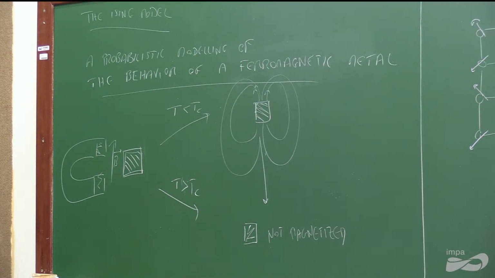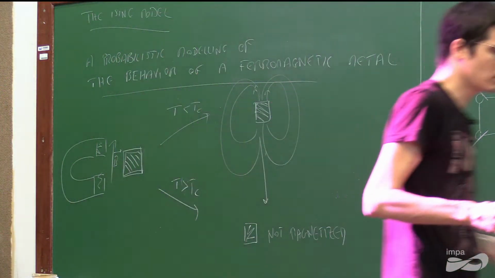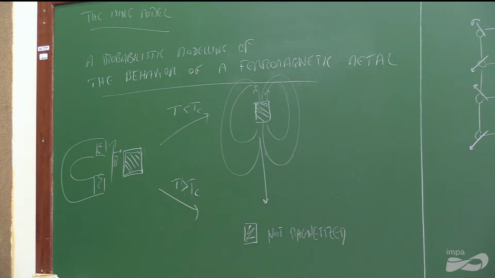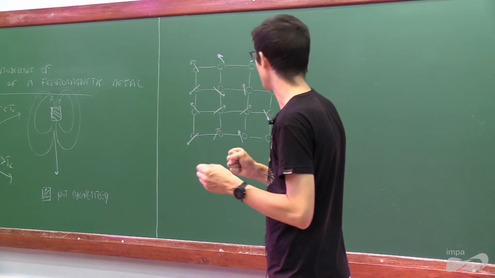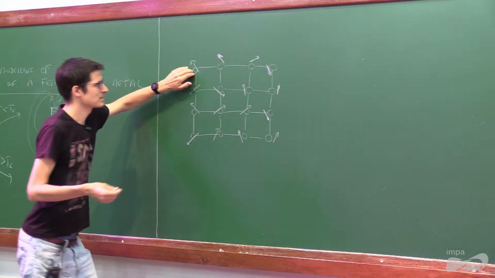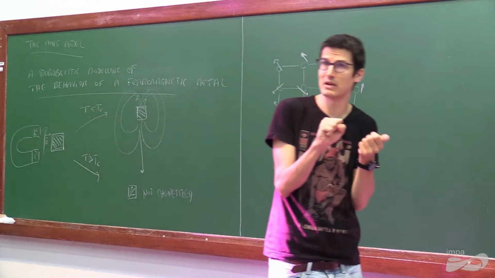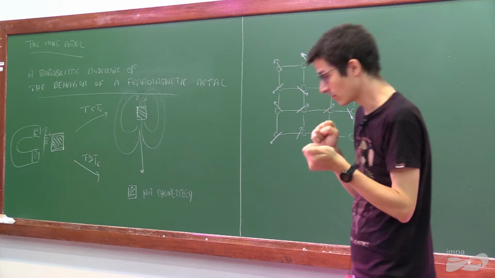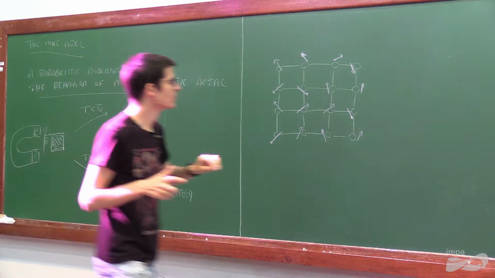What's our starting point to model this? Well, the idea is we want to model our metal by a lattice, and to say that it's made of, let's call these things atoms. So it's a lattice of atoms, and each atom behaves like a small magnet, so it will have an orientation.